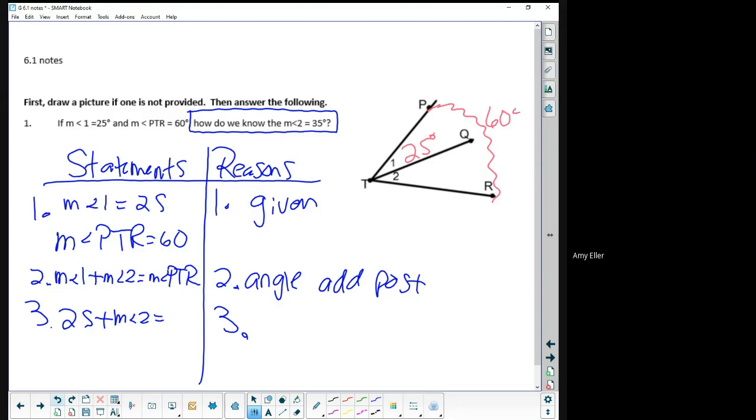Have we stated how big angle PTR is? 60. Yeah, we did. It's 60. So we just write substitution. Please don't abbreviate because then it might look like subtraction.